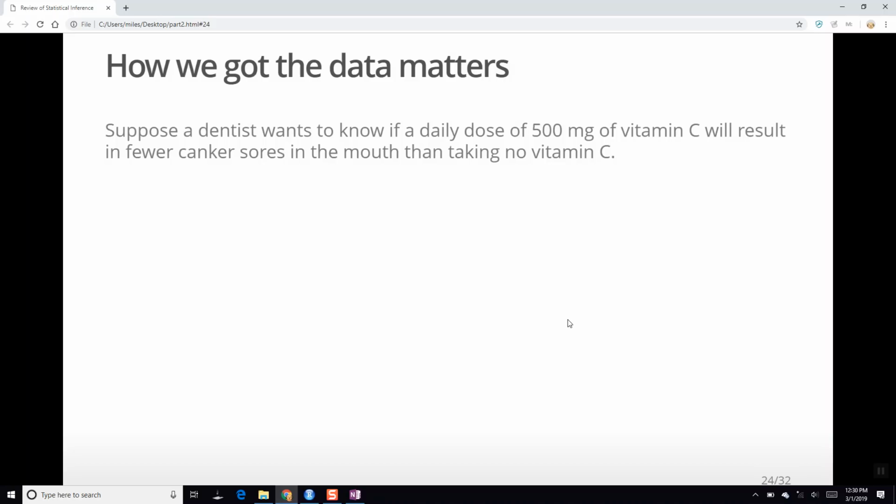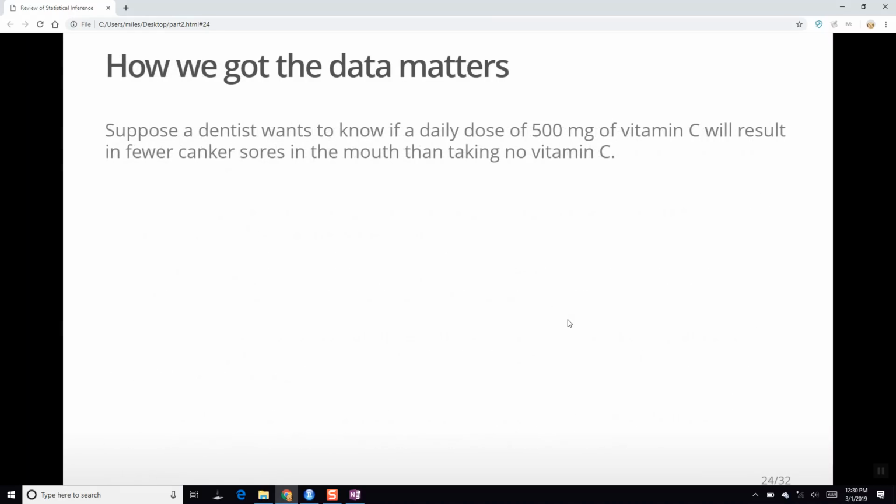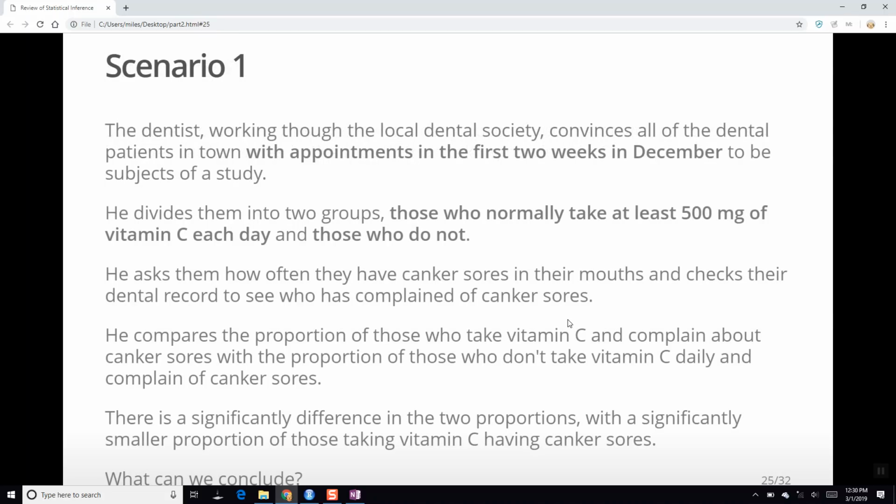We're going to talk about this over and over, and we're going to talk about a few different scenarios. Suppose a dentist wants to know if taking a daily dose of 500 milligrams of vitamin C will result in fewer canker sores in the mouth than taking no vitamin C. This is what we want to know, and we've got a few scenarios for how we obtain data.